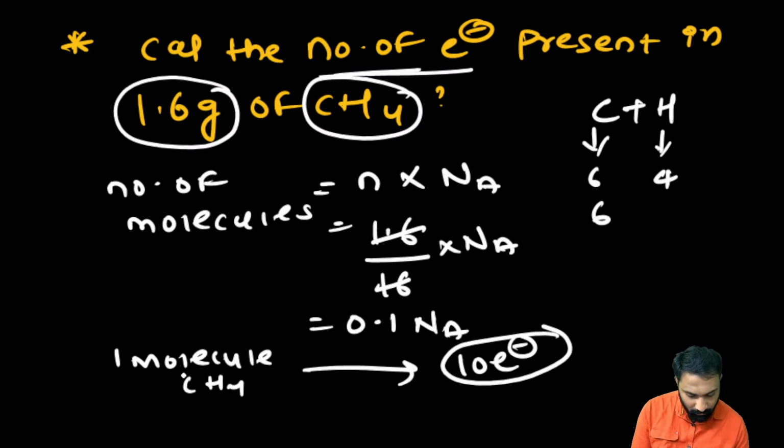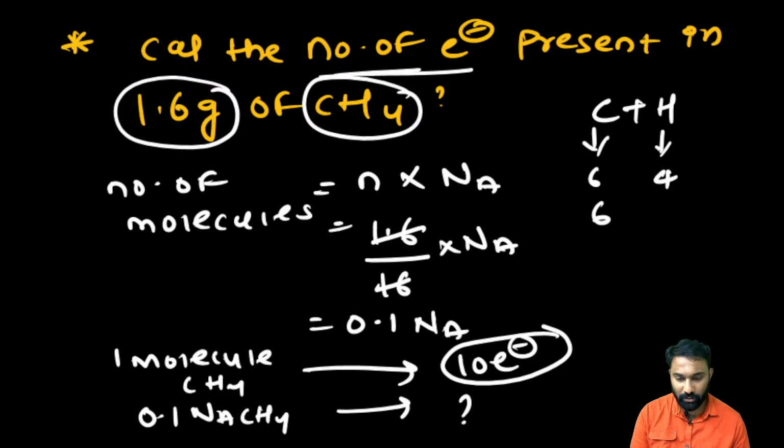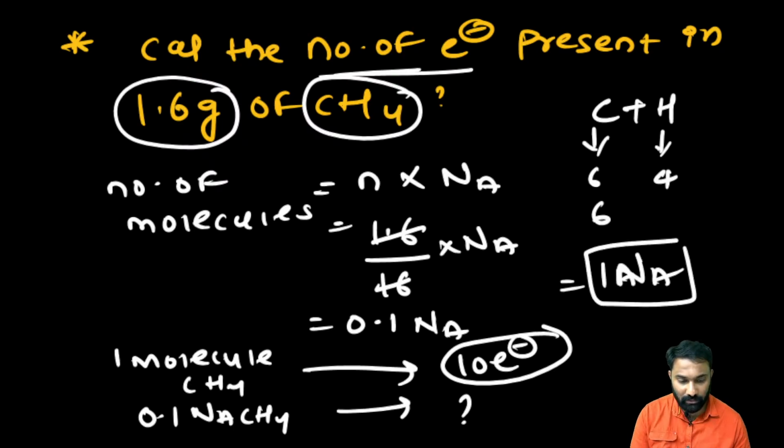One molecule of CH4 contains 10 electrons means 0.1 Na molecules of CH4 contain how many electrons? That will give you 1 Avogadro number of electrons. Right? Good. Avogadro number of electrons. Good, Joshita, good.